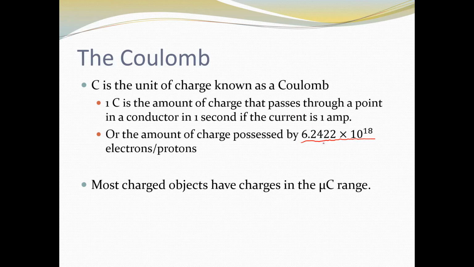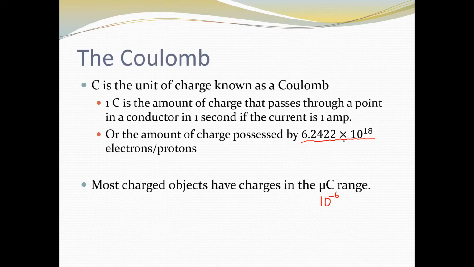If you do charge an object, most charged objects have charges in the microcoulomb range, so 10 to the negative 6. Most charged objects have very small amounts of charge, because electrons will try to find their way to other sources of positive charge, and charges tend to even out relatively easily.